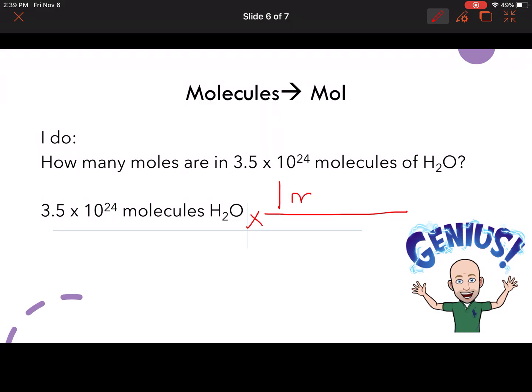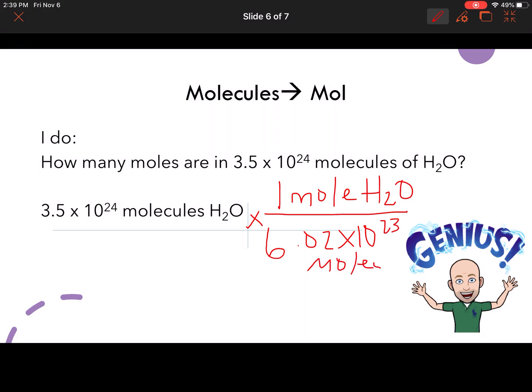So I know that 1 mole of water is equal to 6.02 times 10 to the 23rd molecules, and I'm going to abbreviate that this time, of water. And so if I put that in my calculator, 3.5 times 10 to the 24th divided by 6.02 times 10 to the 23rd, I get 5.8.